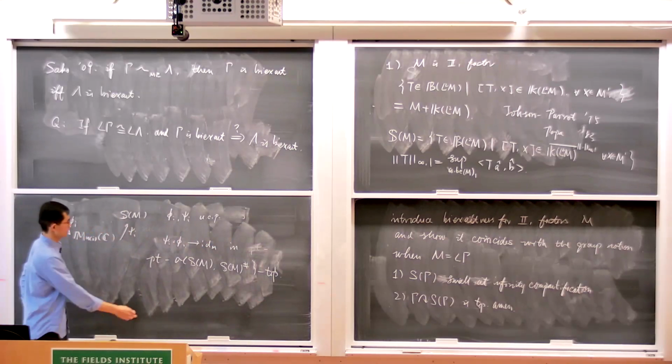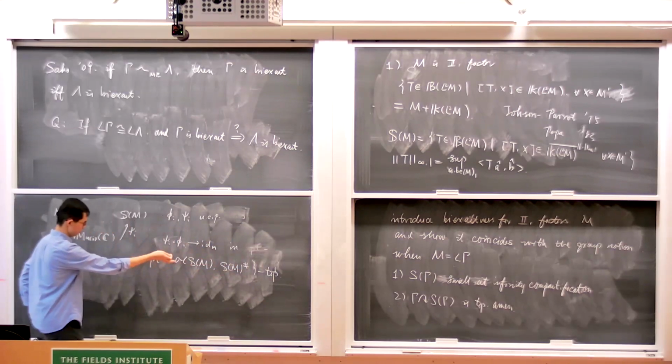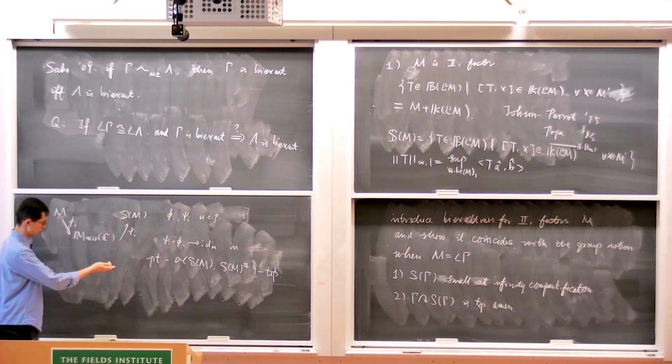Right, so if we replace the sharp with everything, or replace sharp with star, then it would just be the same as point norm convergence.